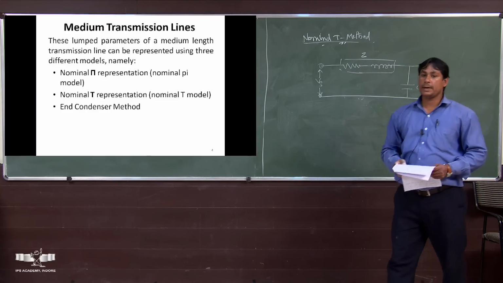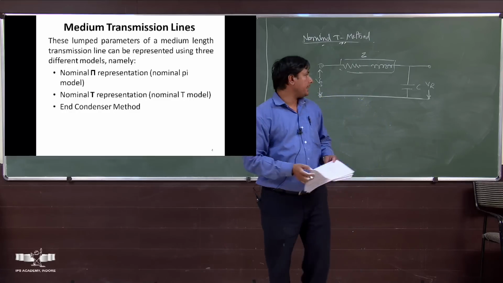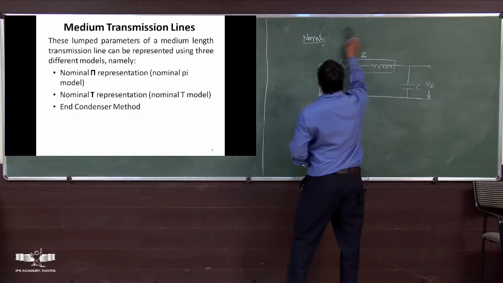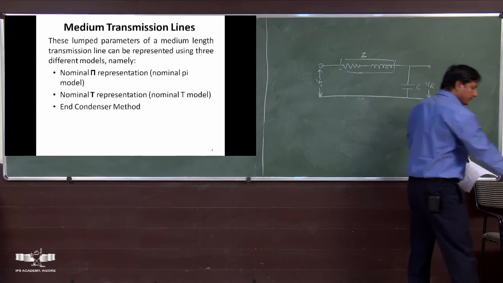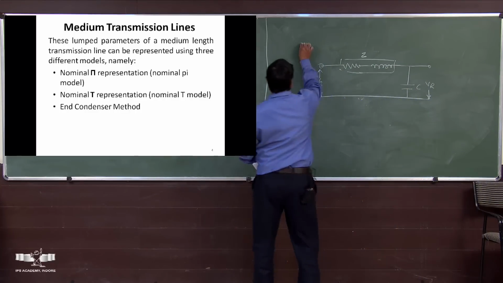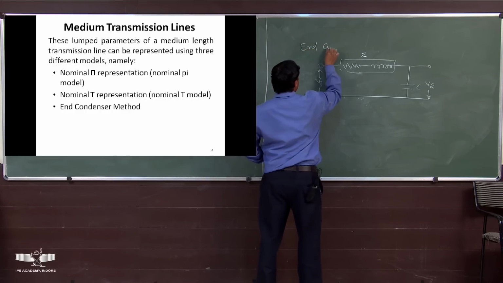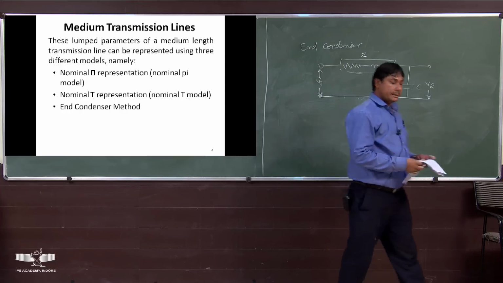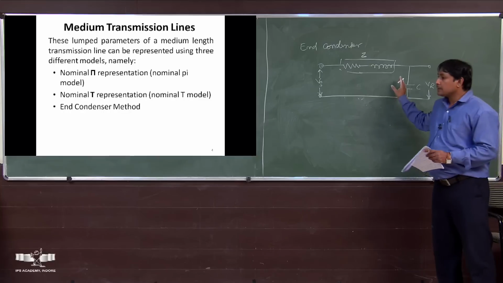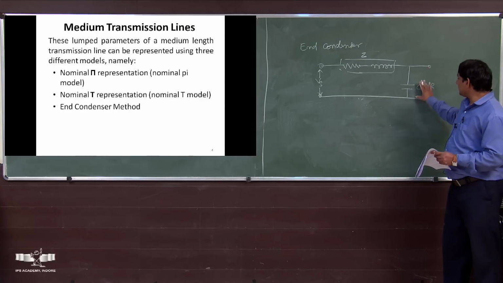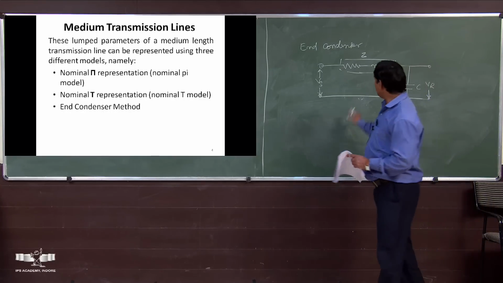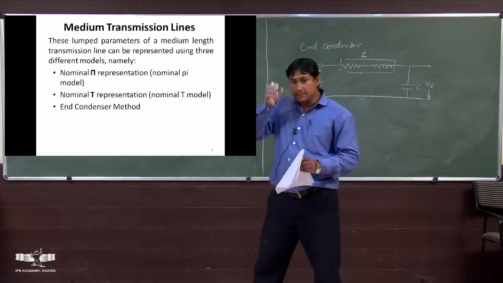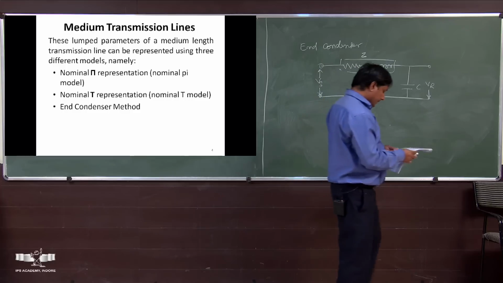So this is the model of the end condenser method. In the end condenser method, the total capacitance of the transmission line is connected near the receiving end, and the series impedance of the transmission line is lumped.